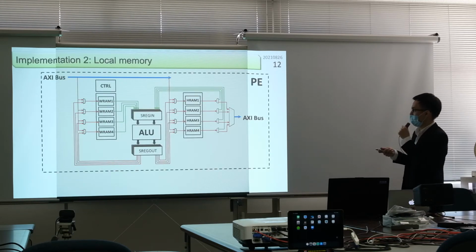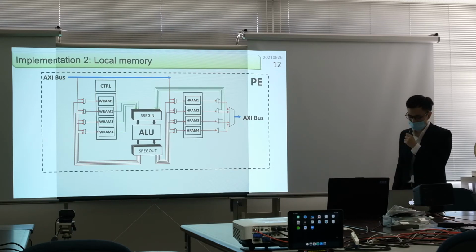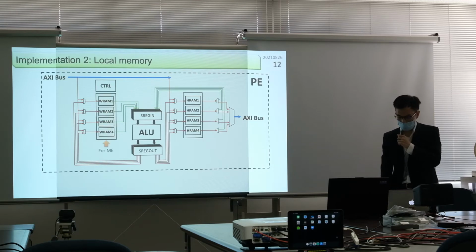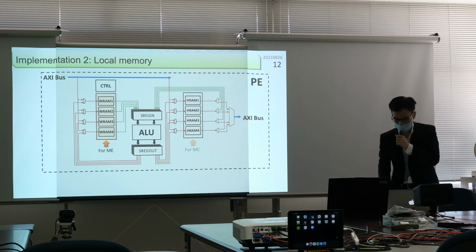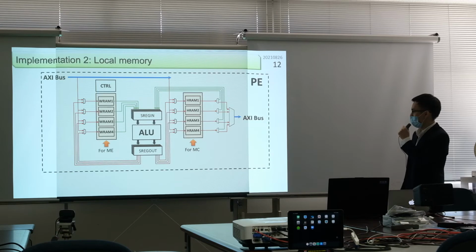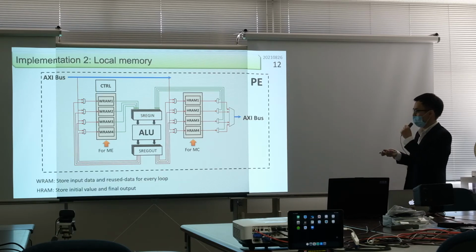And this is the hardware implementation of the PE. The PE has the IOU and two local memories. The left side is the WRAM, which will be used for the ME, and the right side is the SRAM, which will be used for the MC. The WRAM stores the input data and the reduced data for every loop, and the SRAM stores the initial and the final output.